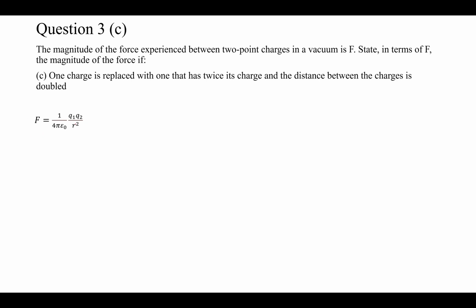So we're gonna state our Coulomb's law here. After that, it says one charge is replaced with one that has twice its charge. So one charge got increased by a factor of 2. In other words, multiplied by 2. That's why I multiplied Q1 by 2, okay? So we got it here sorted.